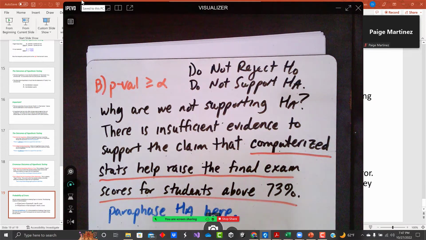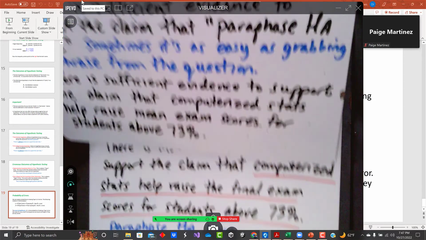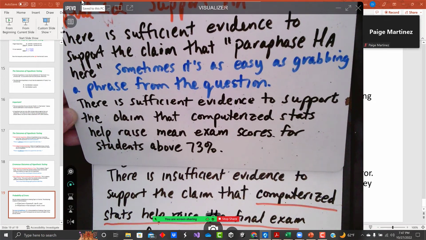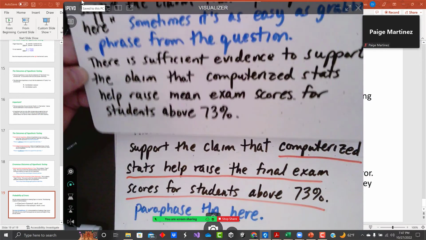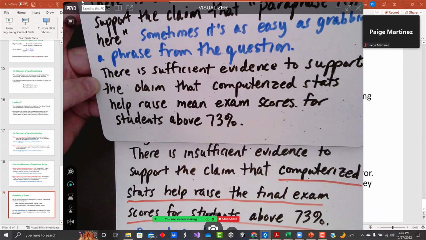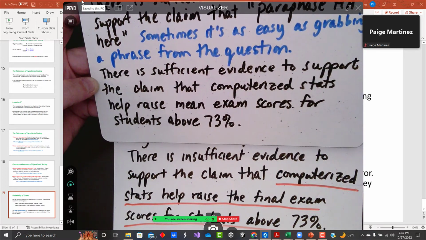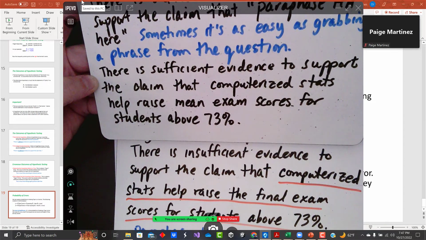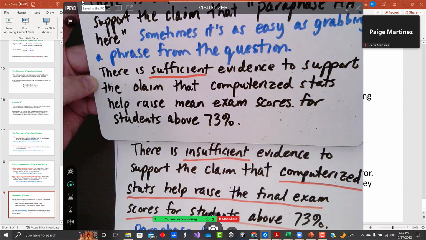And if we're looking at them next to each other, I don't know if I can do this. You slide that camera down. There you go. There is sufficient evidence to support the claim. There is insufficient evidence to support the claim. That is all that's changed in this sentence. Sufficient and insufficient.